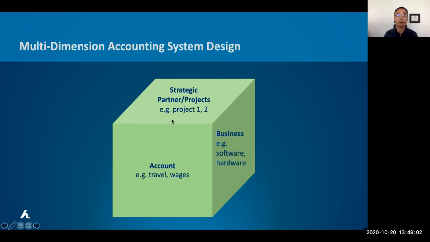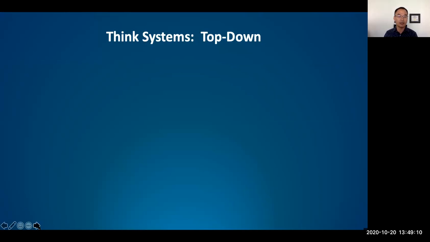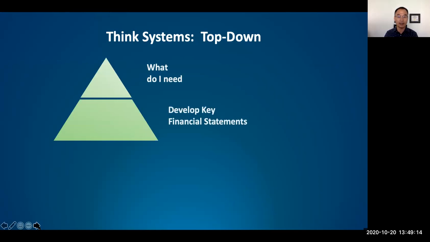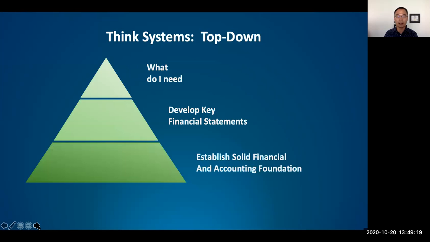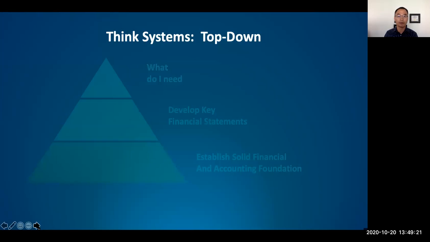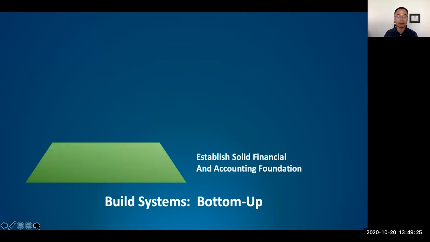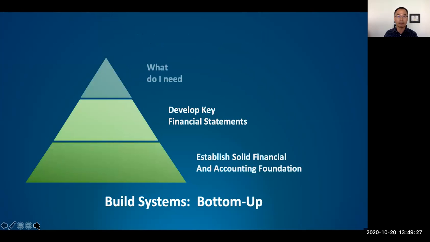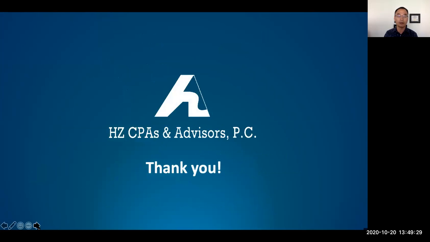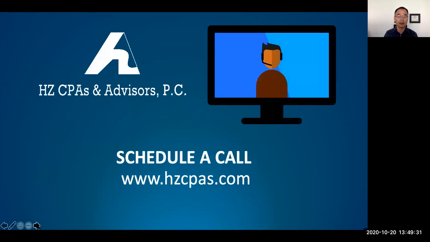And for exempt organization, you can look at funders, also partners, projects, you can do that. So really you think system from top down, what do I need? And then develop the key financial statements, and then establish a solid chart of account. So then you build the chart of account first, and then you develop the financials, and then you get what you need. So this is how we think, okay?